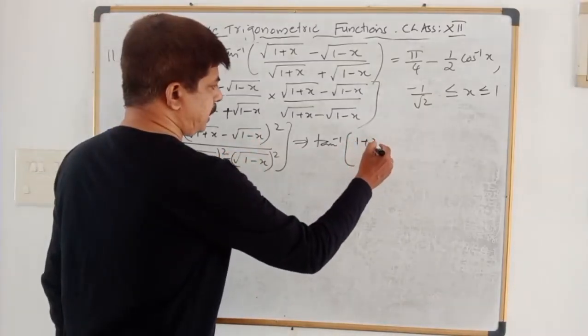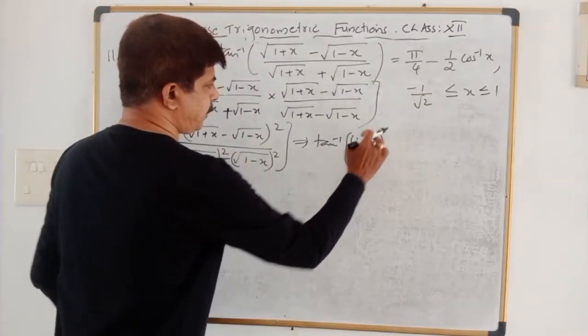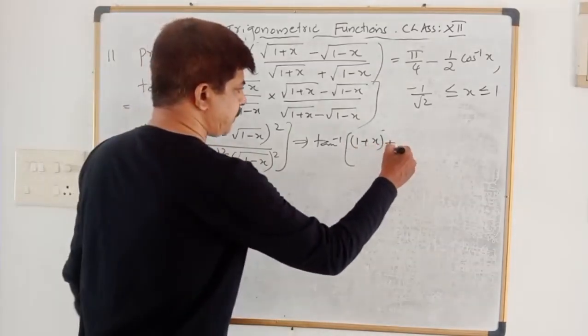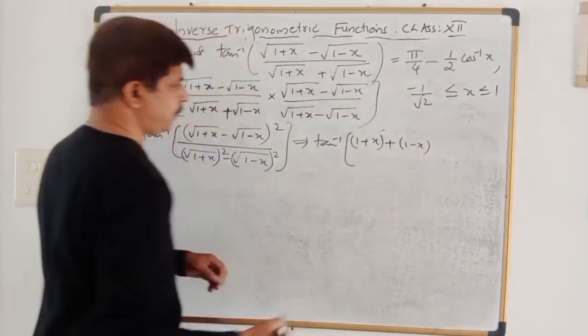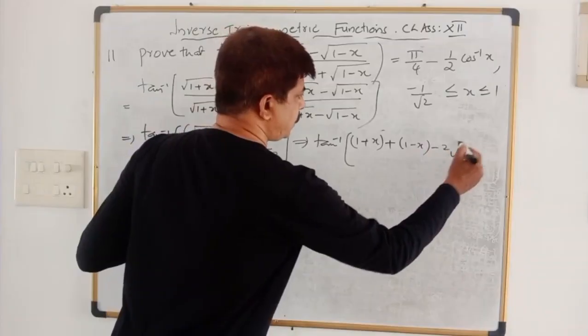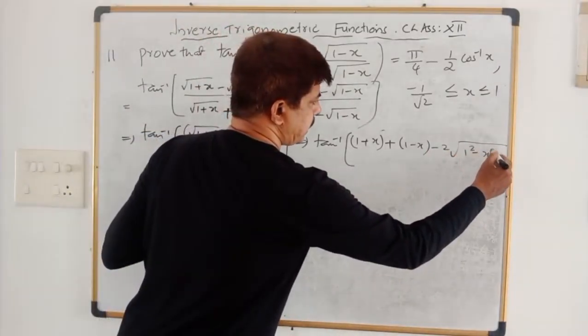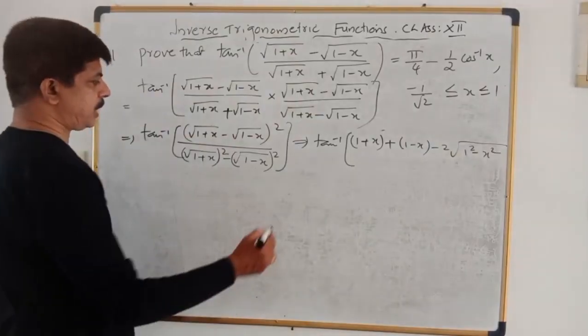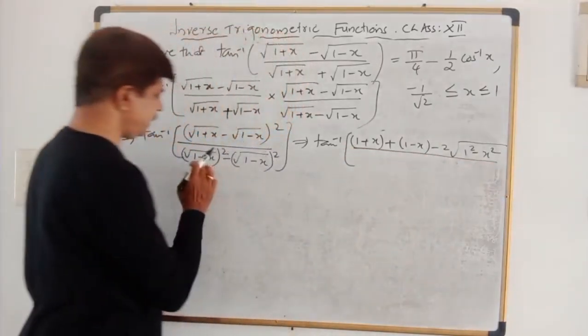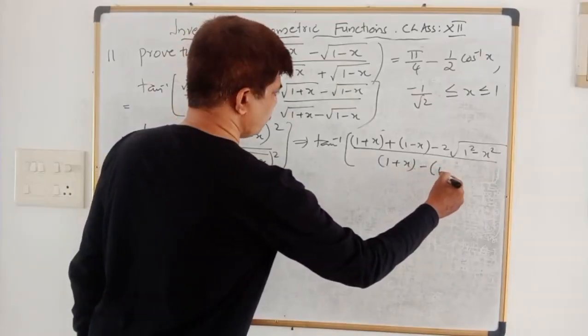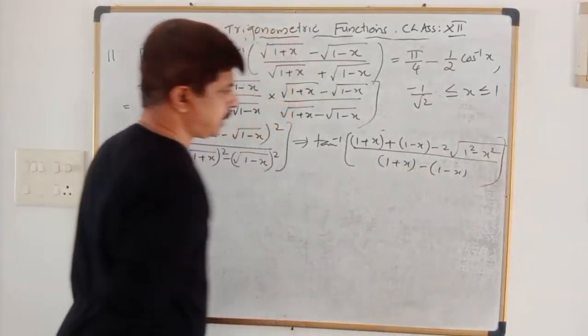A square means the root will be removed, so it is 1 plus x only. Plus b square, there also the root is removed, minus 2 root ab. Ab means 1 plus x into 1 minus x, which is 1 square minus x square. In the denominator, the roots are removed: 1 plus x minus 1 minus x.